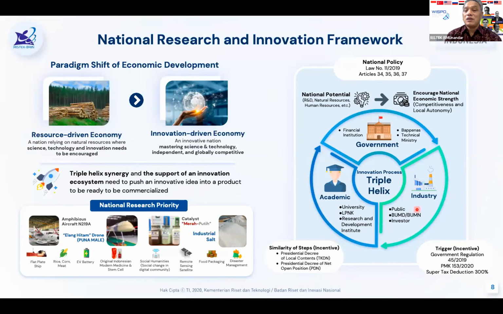If the industry spends resources on research, they can have a super tax deduction up to 300%. This is a very generous tax deduction, and hopefully through this, industry can support research or collaborate on research with universities or research institutes.